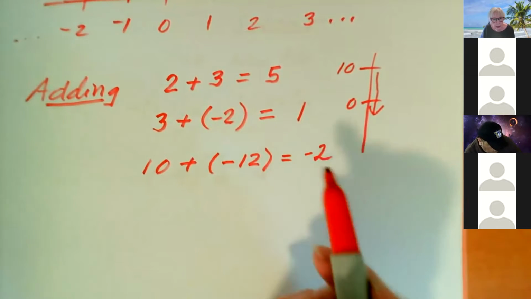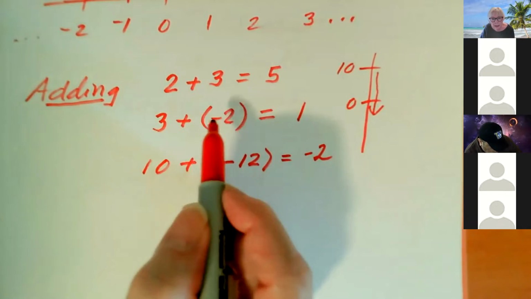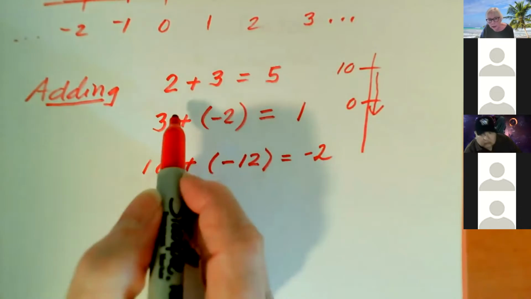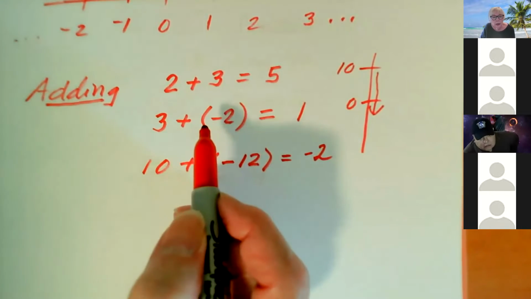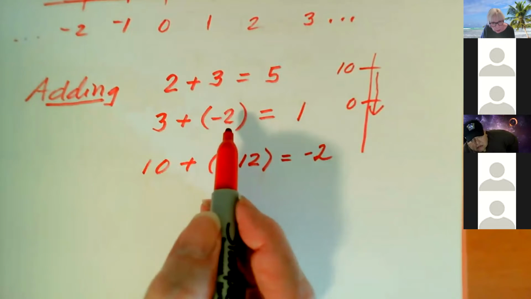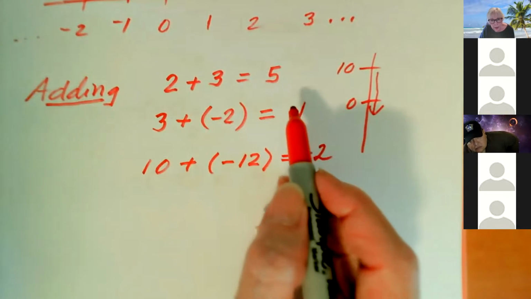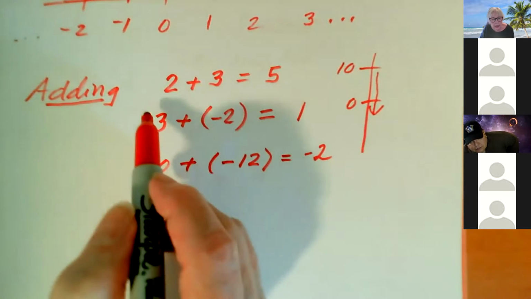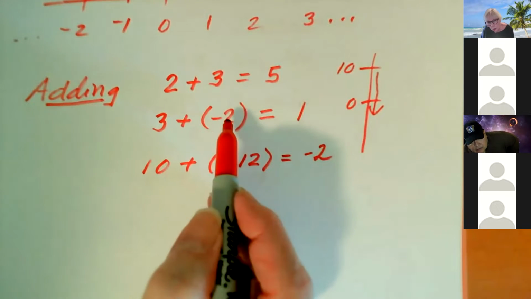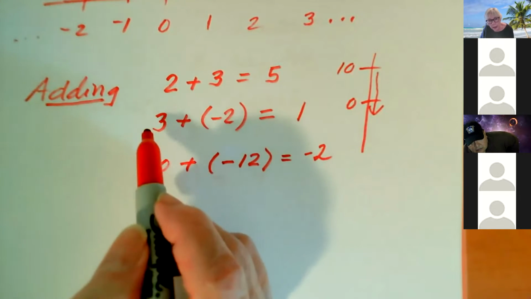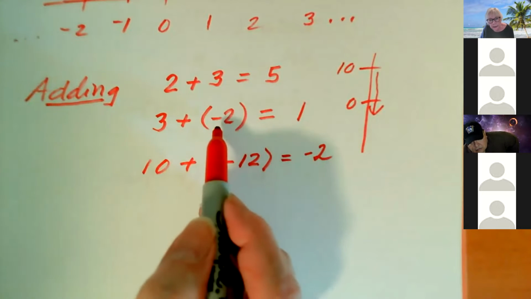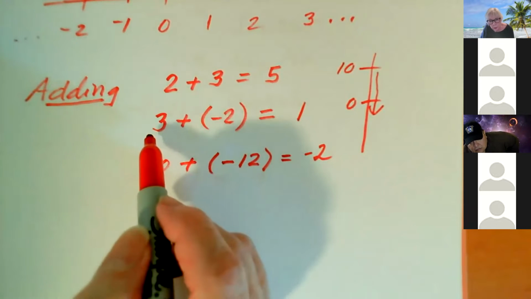But this is definitely, so when one was positive and one was negative, you end up really subtracting the two, the 3 and the 2. And then the sign, whether it's a positive or a negative, is determined by which one is larger. So in this case, we had a +3, but a -2. So the 3 is the winner.